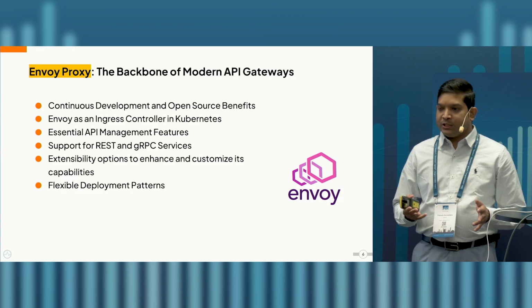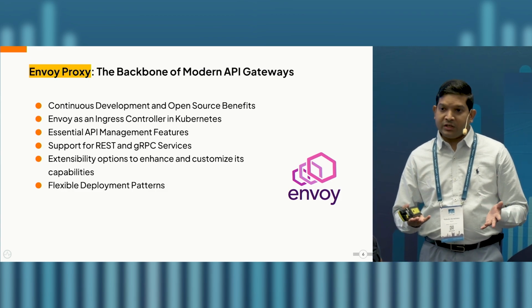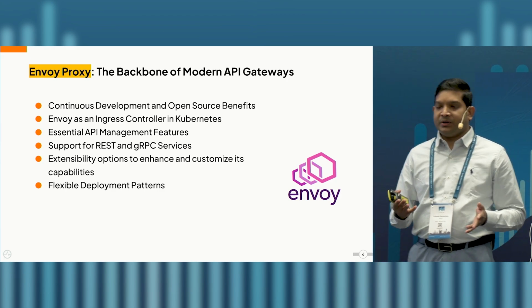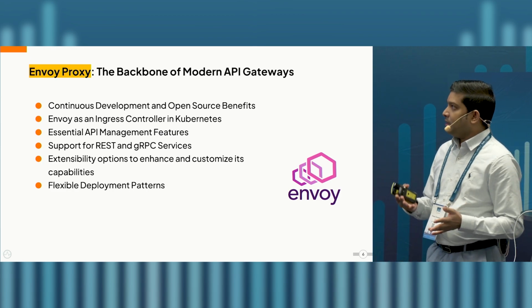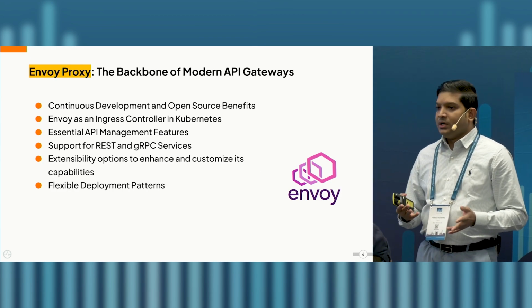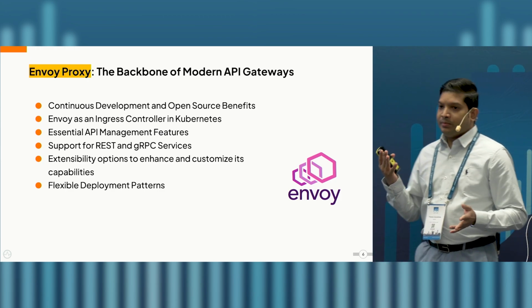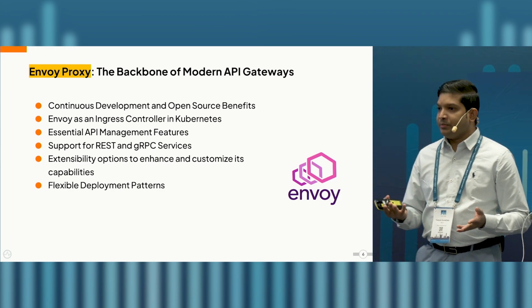So in the API management landscape, API gateway plays a crucial role, and Envoy proxy has emerged as the preferred choice when creating cloud native environments. It's mainly due to its open source nature and the community-driven innovation it brings.